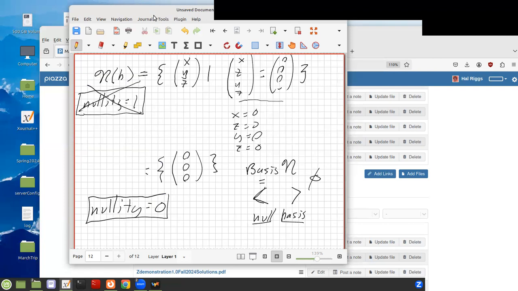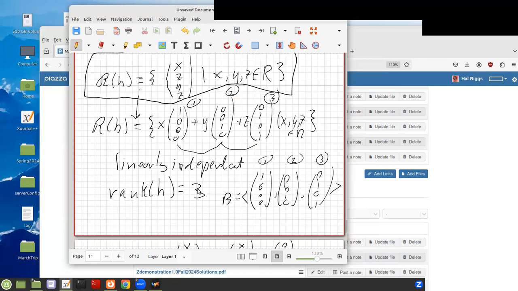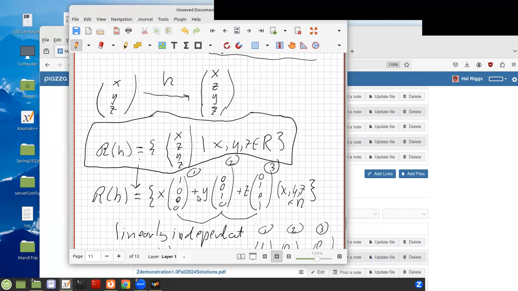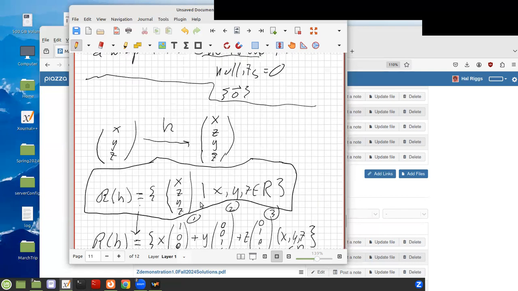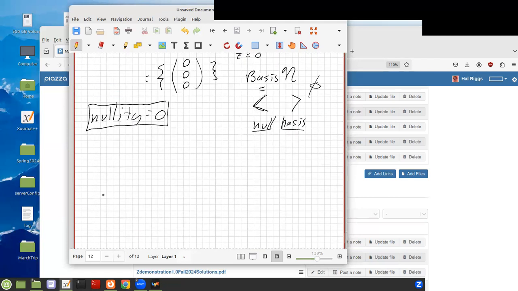So the nullity equals 0, and the rank equals 3, and the map H goes from R^3 to R^4.